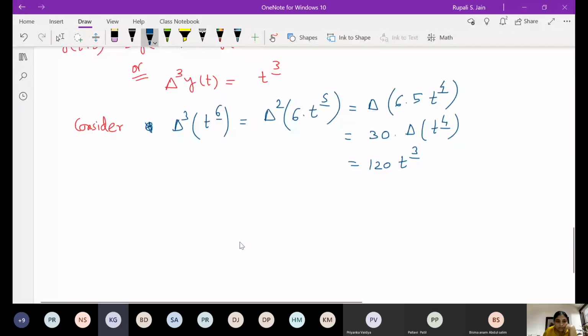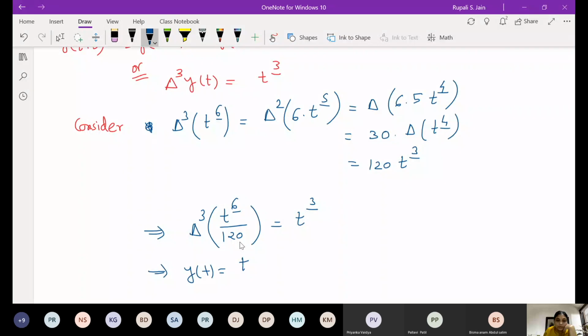So I can write this as delta cube t to the 6 falling divided by 120 is nothing but t to the 3 falling.